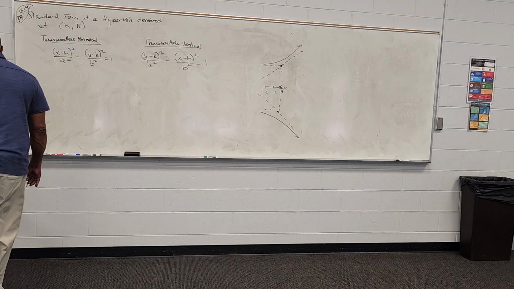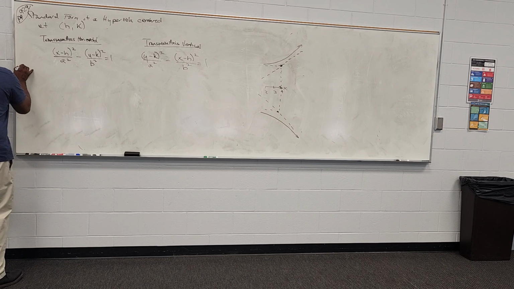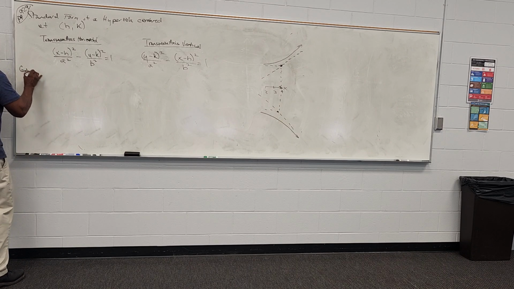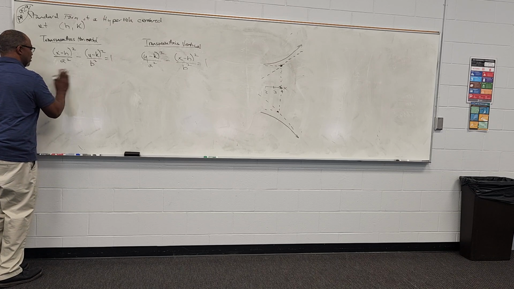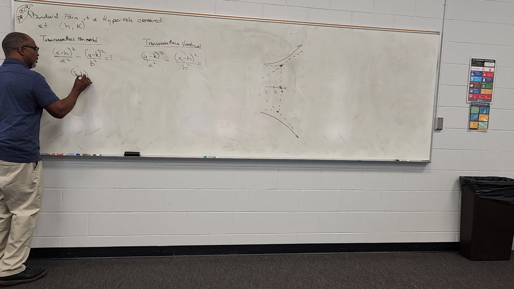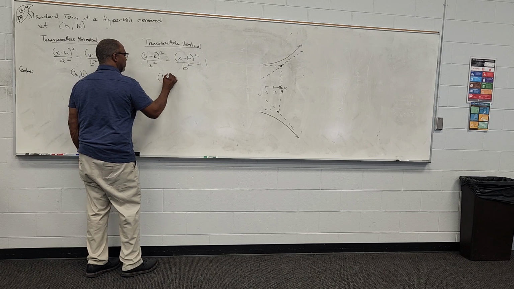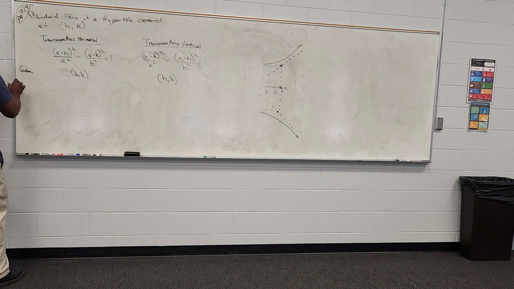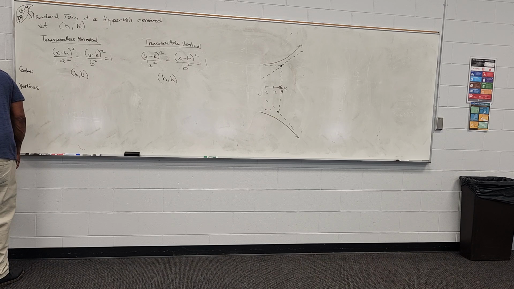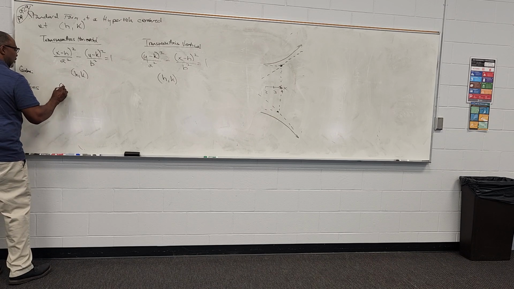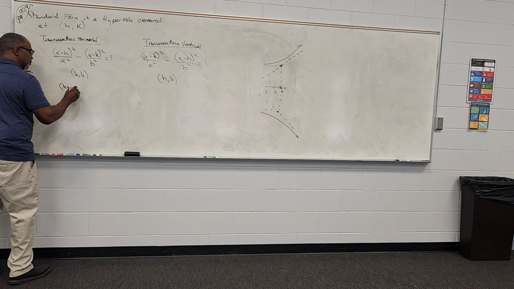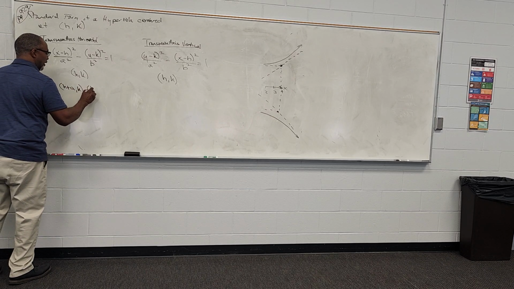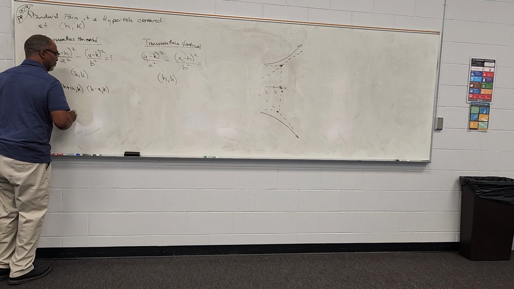Okay? So just like we did before, we're going to list these things. The center would still be not 0, 0, but h comma k. And same thing for him, center h comma k. The vertices. And again, this is all on the chart on page 929. The vertices would be at h plus a, k and h minus a, k.